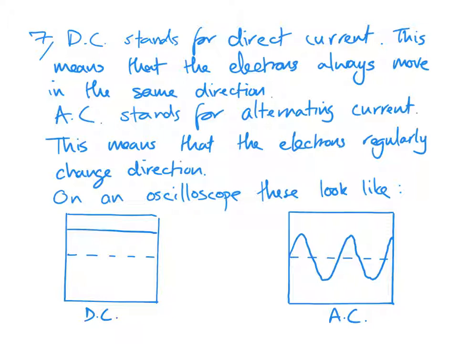Now the equivalent of the amplitude for a wave is called the peak voltage. And it would go to the negative of that underneath as well.